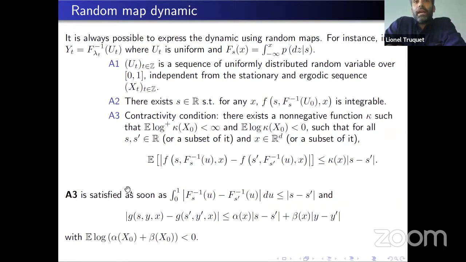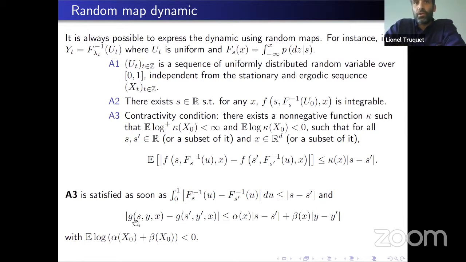Okay, A3 will be satisfied every time you take a distribution P which is Lipschitz in terms of what we call a Wasserstein distance of order 1. This is the condition written here. Then you simply impose a contractivity assumption with respect to the first and the second coordinate of the function.